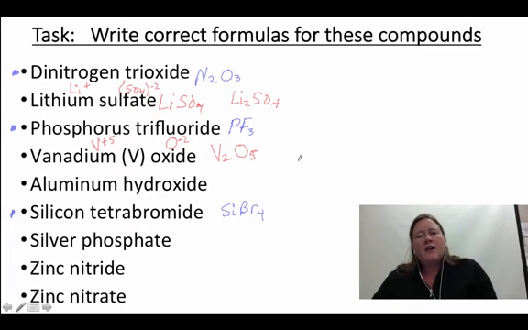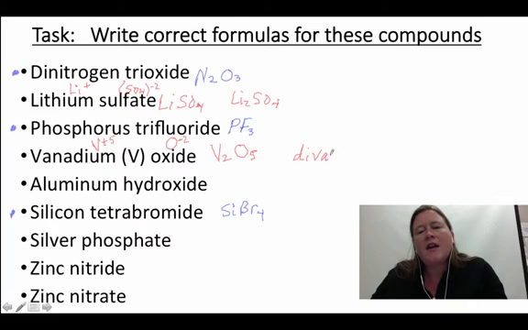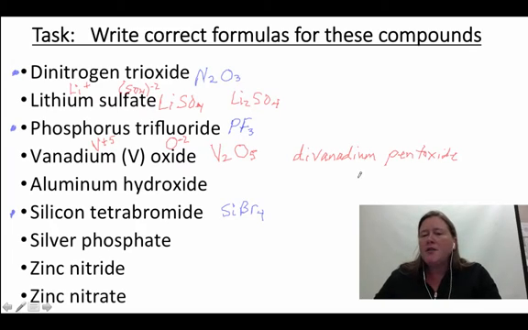Now, if I wrote this down and I said V2O5, the name of this is divanadium pentoxide. I'm pretty sure that's right.